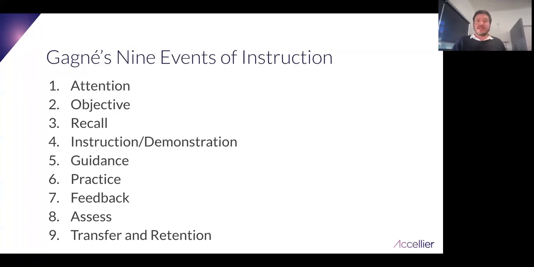So it's not just about doing the assessment and we'll see you later, but giving people opportunities to practice that learning, to retain it and to be able to transfer it into perhaps more challenging or different environments.